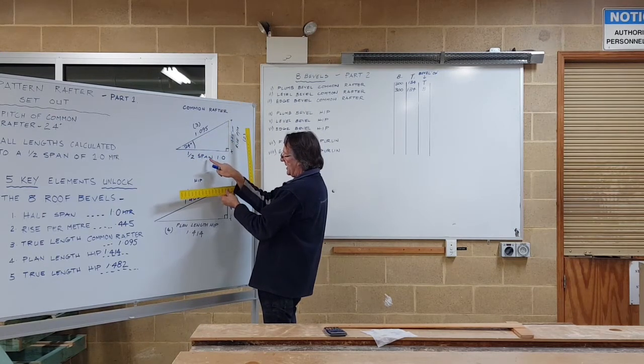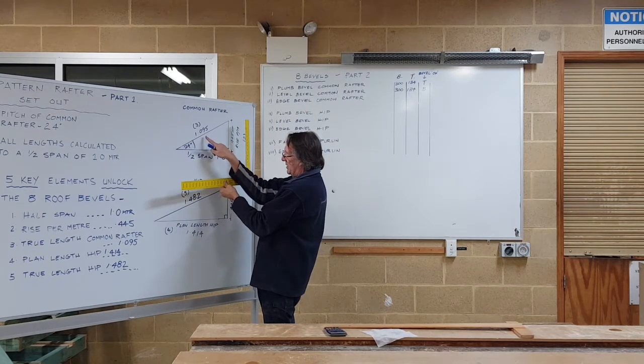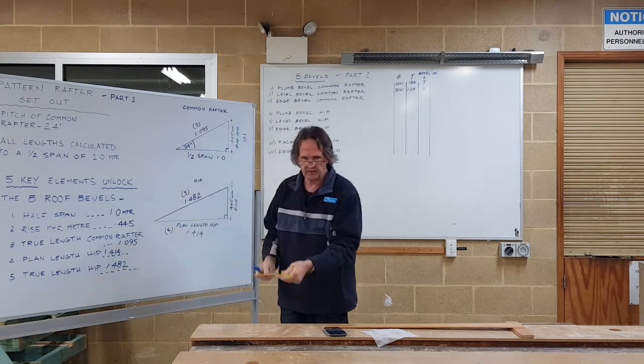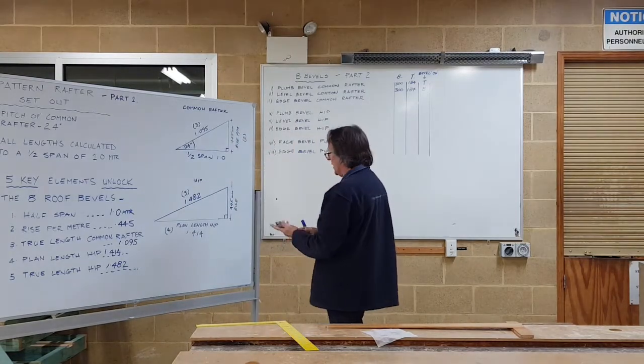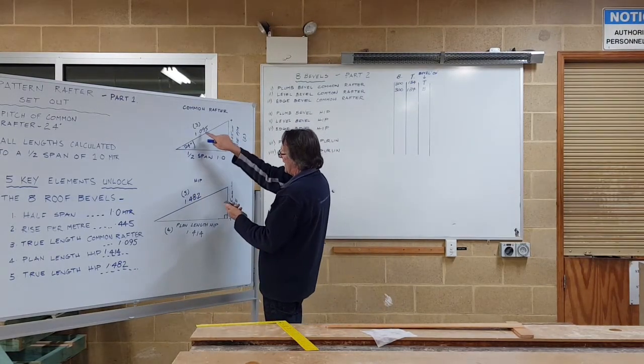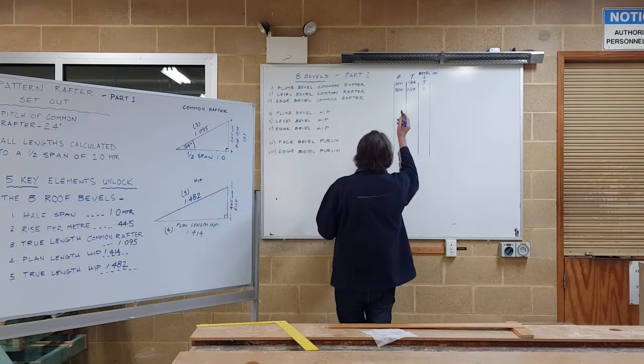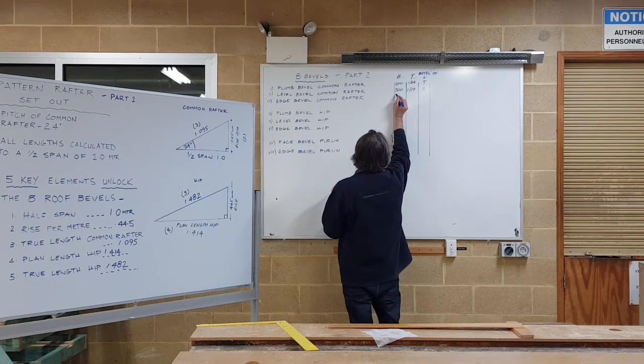The half span's only a metre, but the true length common rafter is 1.095. So that is the figure I'm going to put on the blade, the true length of 1.095. I'll multiply that by 0.3. 1.095 times 0.3 is 329, goes on the blade.